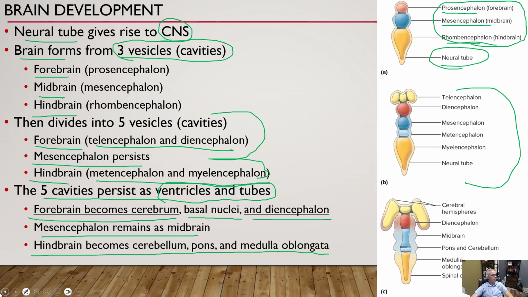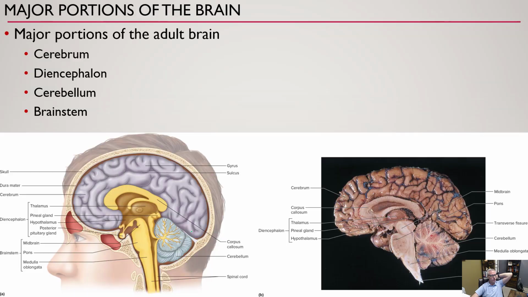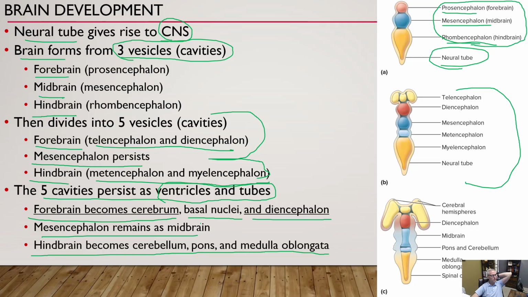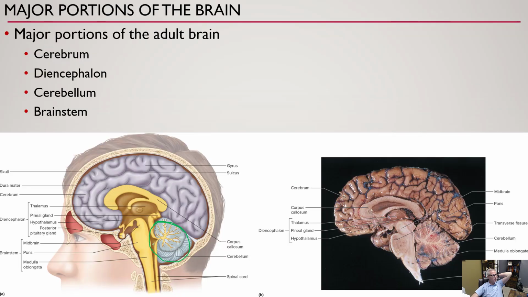Then the hindbrain, which is obviously in the back, would become the cerebellum. And I'll just show you a picture of the cerebellum. That's down here. Pons and medulla oblongata. The pons is right here, and the medulla oblongata is right here.